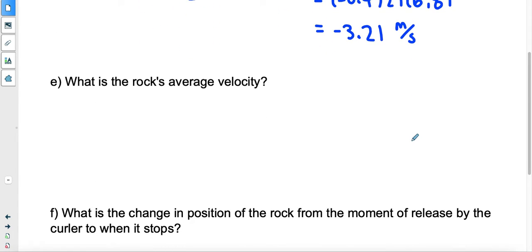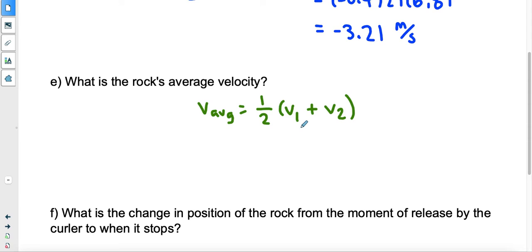Part E. What's the rock's average velocity? To find the average velocity here, the average velocity is just going to be the arithmetic mean of the initial velocity and the final velocity. The reason this works is because we know the acceleration in this situation is constant.